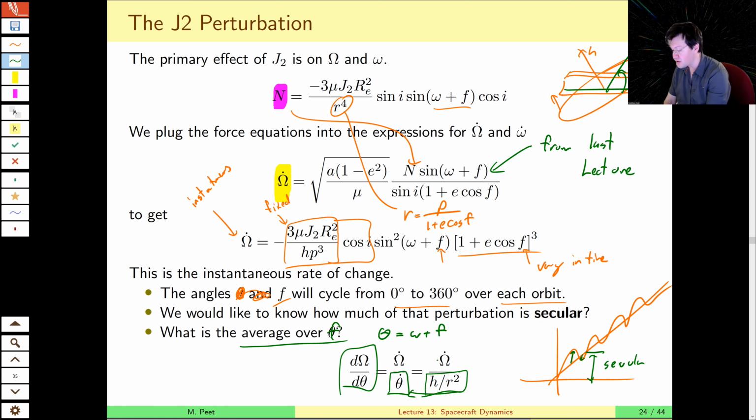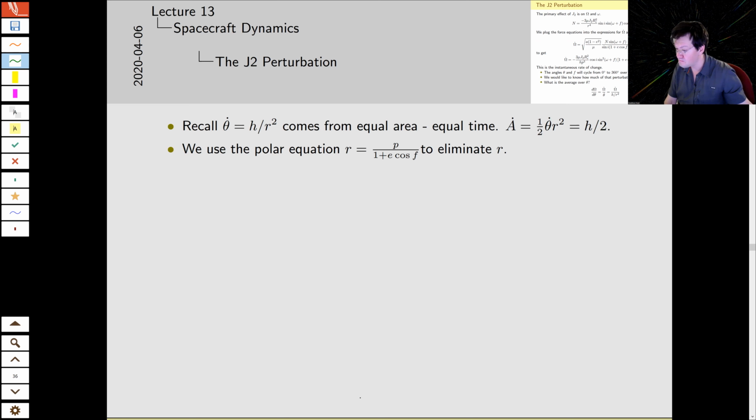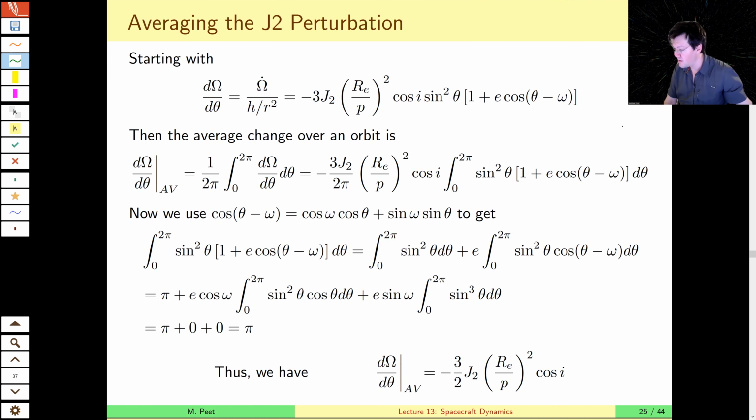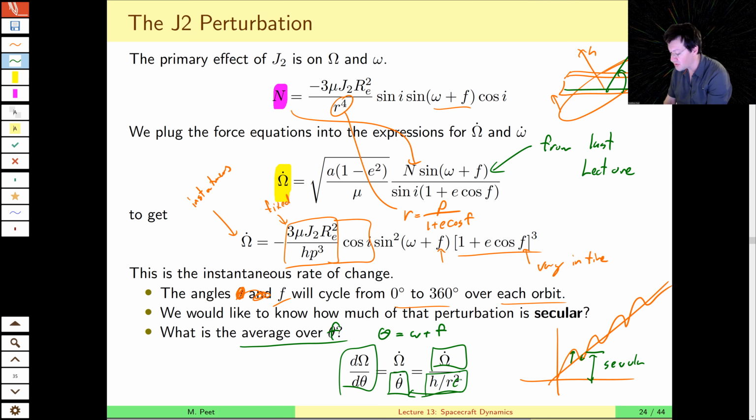So we're going to take the rate of change as a function of angle and then integrate that over one period, or 0 to 2 pi. So there's Kepler's third law. Here, don't forget the r squared. So we just move that r squared to the other side. Of course, r also varies with time, I should mention that.